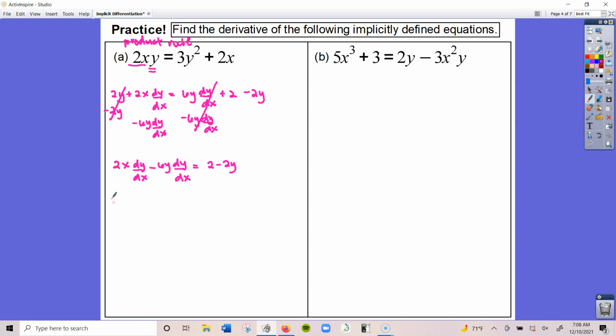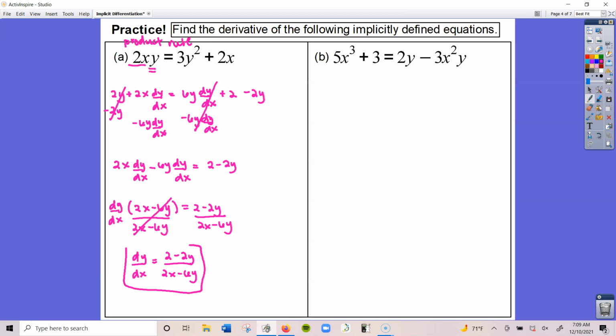Now we can factor out the dy dx. And we get 2x minus 6y is going to equal to 2 minus 2y. And finally, we divide. So my derivative, dy dx, is equal to 2 minus 2y over 2x minus 6y.